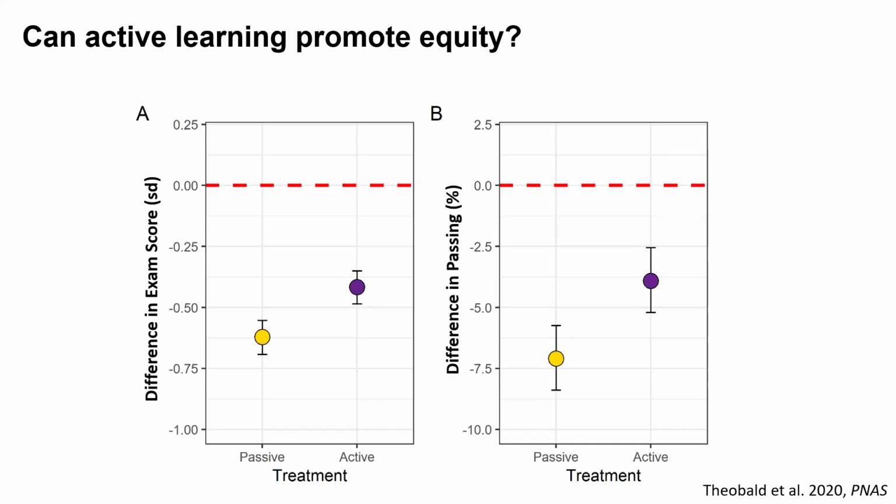And then if we look at all of the data together, it looks like this. I look at this and see that active learning is better. The inequity is smaller in active learning classes than passive learning classes. In fact, there's a 33% reduction in this inequity in exam scores and a 44% reduction in this inequity in the probability of passing the class.